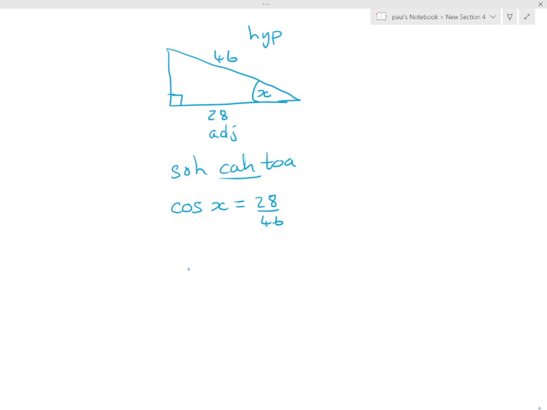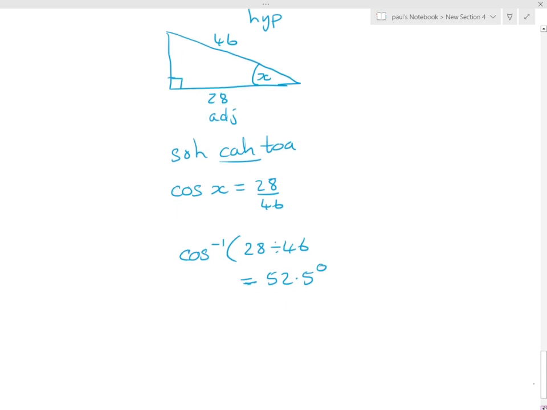So you shift cosine, so you get that on your display, and then just do 28 divided by 46, and that should give you the answer. Shift cosine 28 divided by 46 is 52.5 degrees. Yeah.